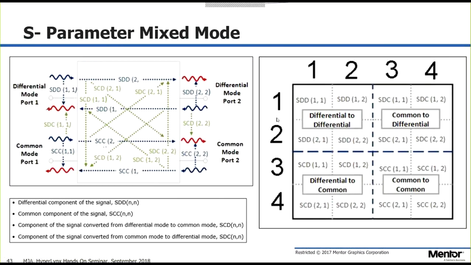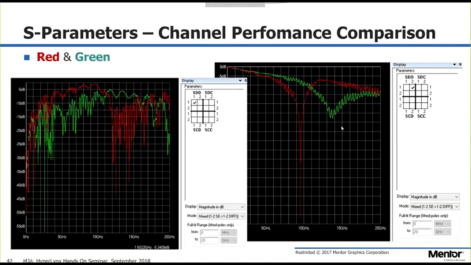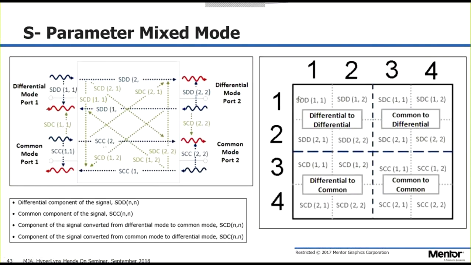A little bit more detail on that, because you can see those plots had more than just one circle. I mean, it wasn't the plots, it was the little control box there. So to explain what's going on here, this upper corner, that's differential to differential. So if we look at the differential pair, we're feeding in a differential signal, and how much of that, as a differential, gets reflected or gets all the way through.